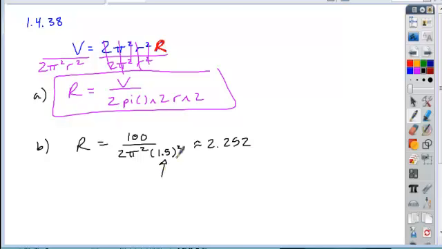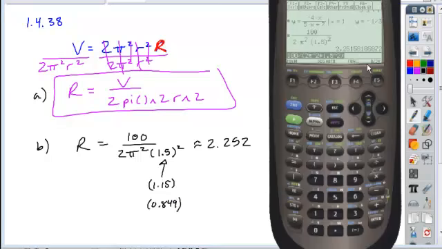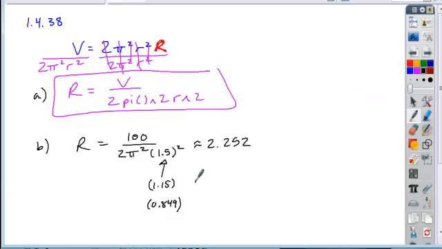Okay, and so for those ones, just plug in a 1.15 here, and then plug in, was it 0.849? 0.849. And so when you do those, it just changes this last little number right here. 1.15 would give me 3.831.